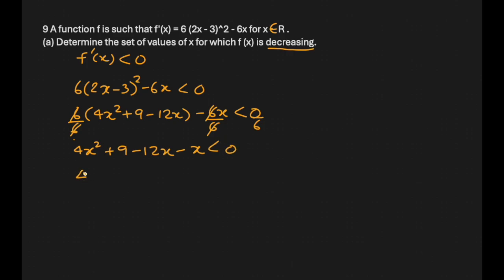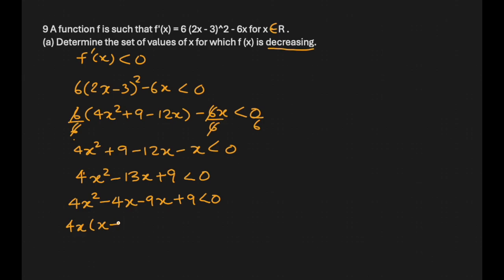So it becomes a quadratic inequality. 4x square minus 13x plus 9 is less than 0. Can we get its roots? Yes, we can. I'll split the middle term. You can use quadratic formula if you like. Middle term will be 4x square minus 4x minus 9x plus 9 less than 0. 4x taken common, x minus 1 minus 9 taken common, x minus 1.